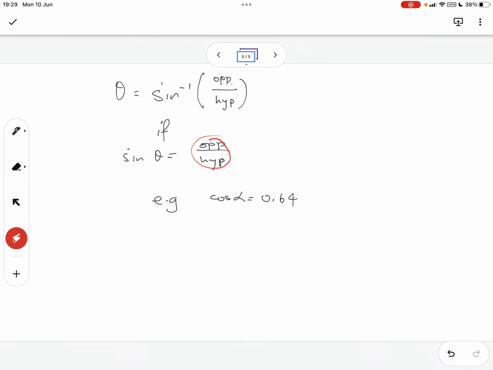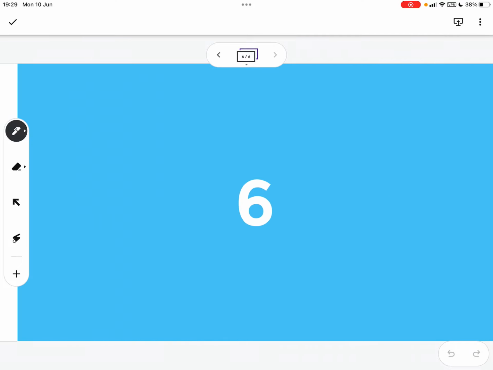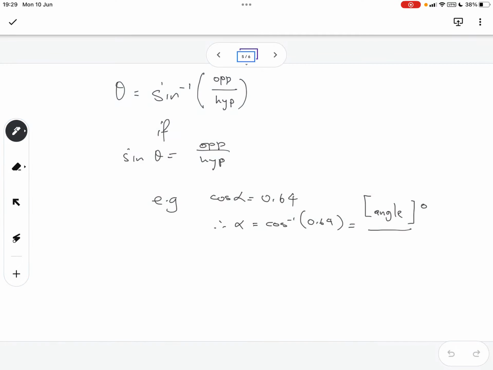So these equations that you see here, and I'll just make one example. Let's say you've got cos alpha equals 0.64. Then alpha would be arc cos of 0.64, and that should give you an angle in degrees.